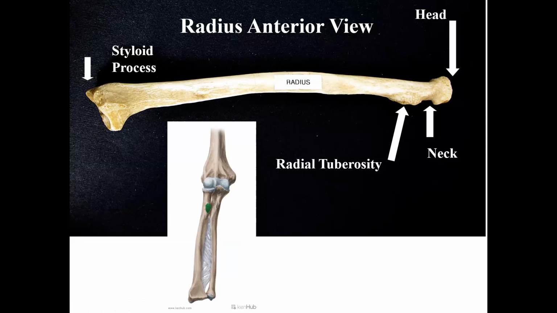If you want to flex your arm and bring your hand back to your shoulder, you are pulling on the radius with your biceps. If you want to extend your arm, you are pulling on the olecranon process with your triceps.